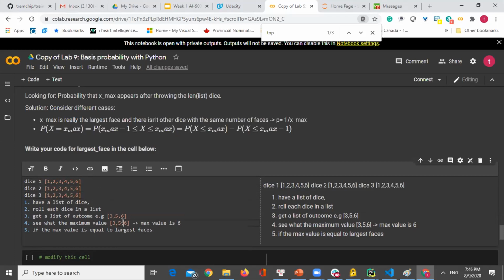What do you have at the beginning? You have a list of dice. You agree? Yes. In the list, what is the first element of the list? What does it mean? This, right?